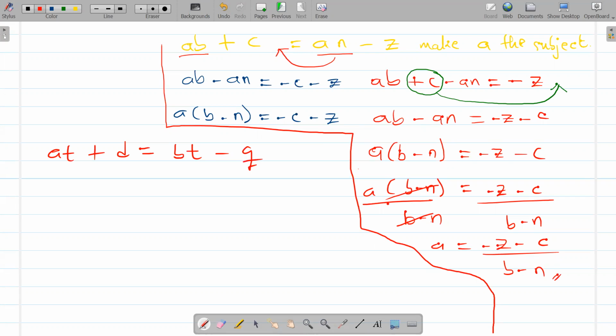So you're making T the subject. So make T the subject. Make T the subject.